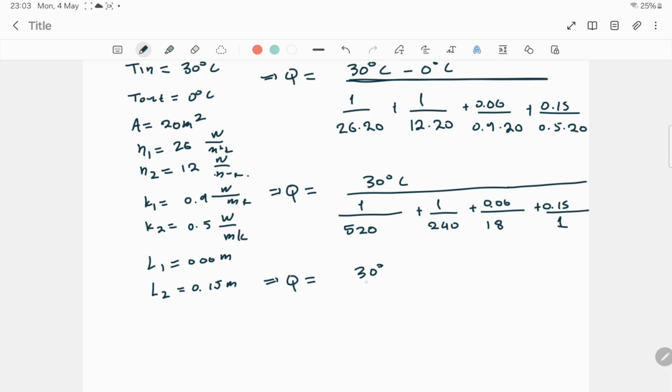We just write the numerator, and we have 1 over 520, which is 0.002 roughly, plus 1 over 240, which is going to be 0.004, plus 0.06 divided by 18, 0.003, plus 0.15.